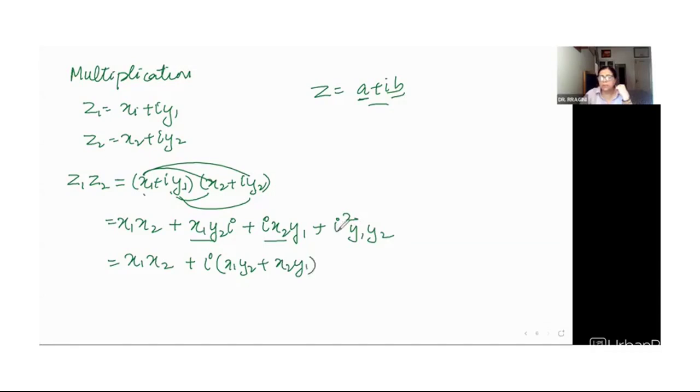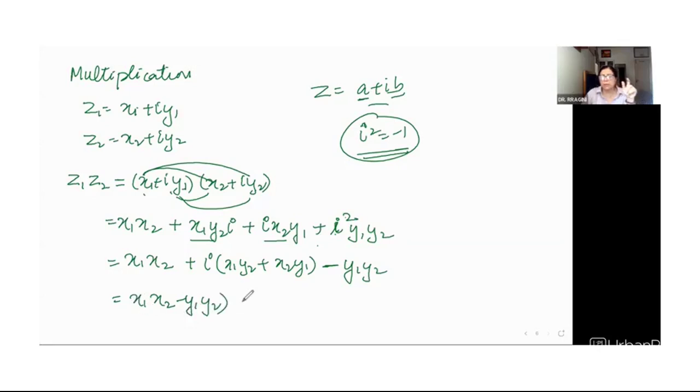What about iota square? We had learned that iota square is -1, different powers of iota. So I replace iota square by -1. So now, x1 x2 minus y1 y2 is the total real part, and keeping iota common, x1 y2 plus x2 y1 is the imaginary part.